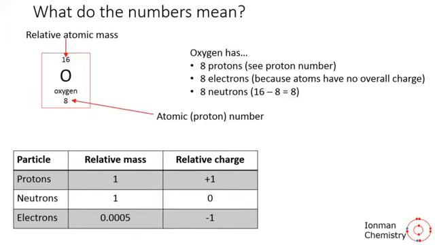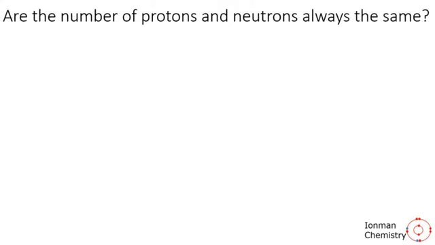And this is always how we can work out the number of neutrons. To put it simply, top take away bottom equals the number of neutrons. So in this case, 8. So if you look at this, we've got 8 protons, 8 electrons, 8 neutrons. And maybe you think, well, does every atom have the same number of protons, neutrons and electrons? So let's have a look at boron.